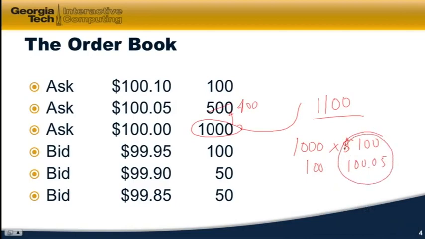So your aggregate price, what you ended up paying, is a little bit more than $100, and up towards $100.05. This is how market orders drive prices up if there's lots of buying, and how they drive prices down if there's lots of selling. The opposite thing happens if you sell.